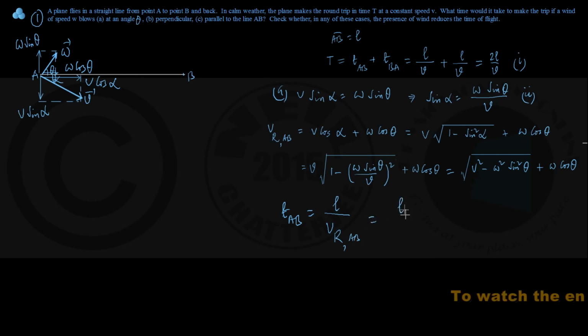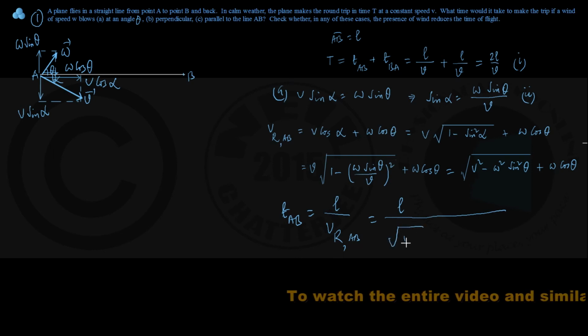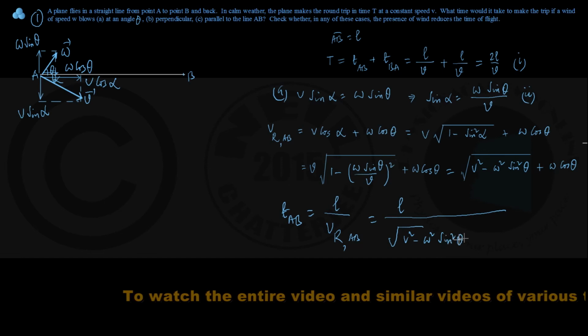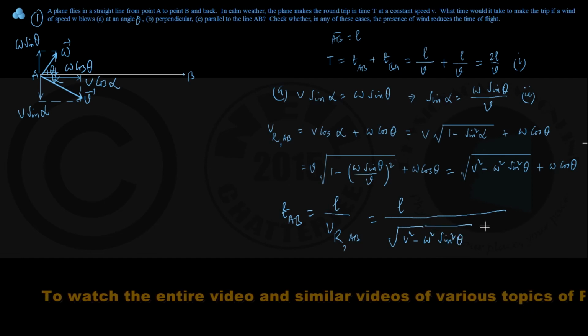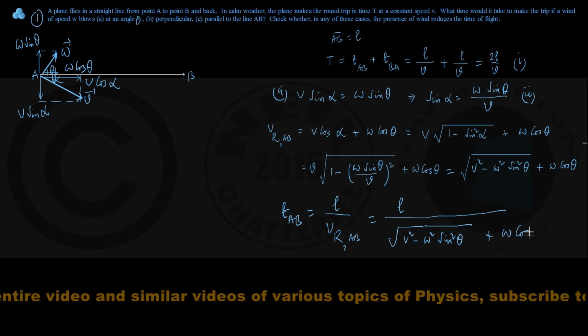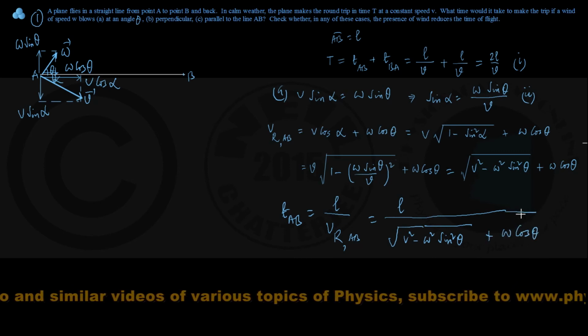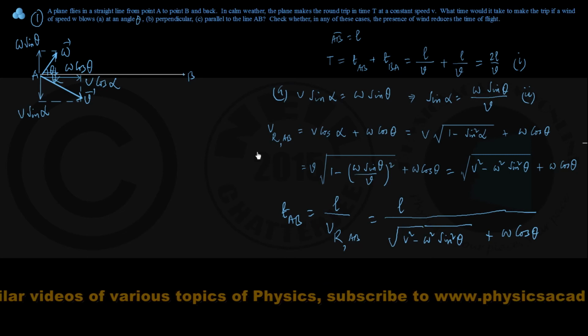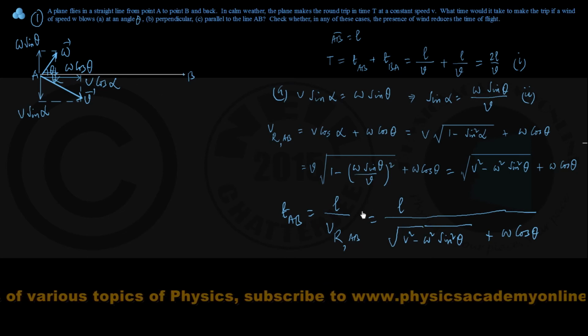This is giving me L divided by square root of V square minus W square sine square theta, whole thing under square root, plus W into cos theta. So that is the time taken for the forward trip from A to B.